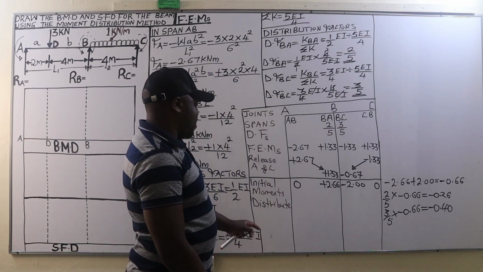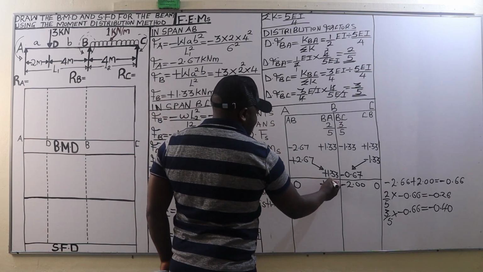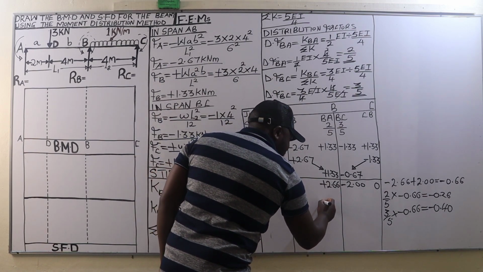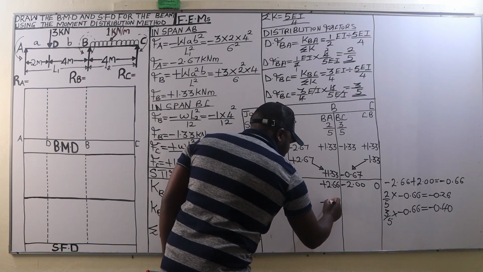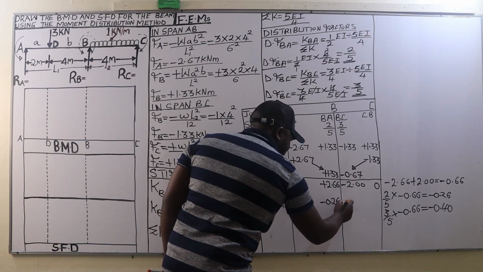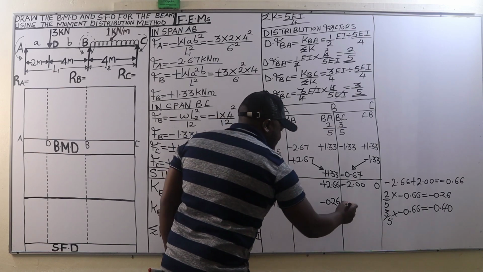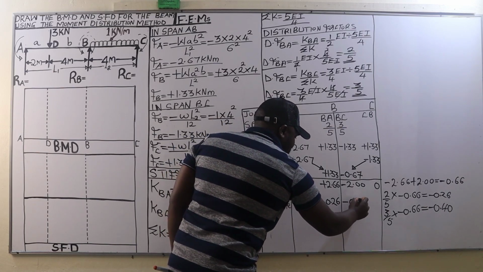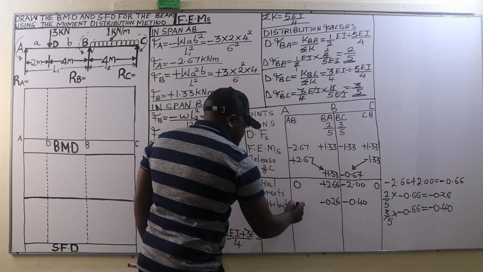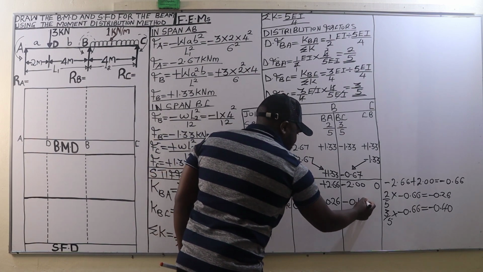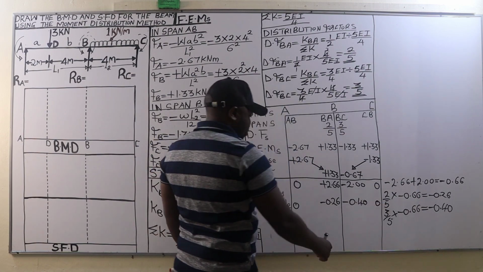So on this side we have negative 0.26, on this side negative 0.40, and on the other sides we have 0.